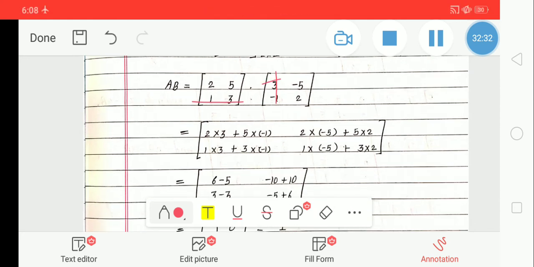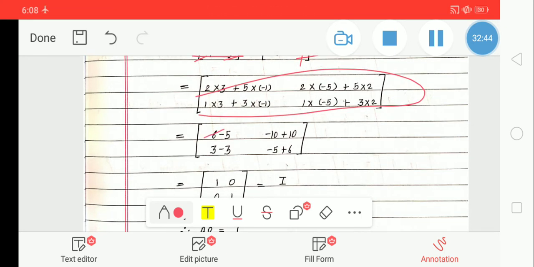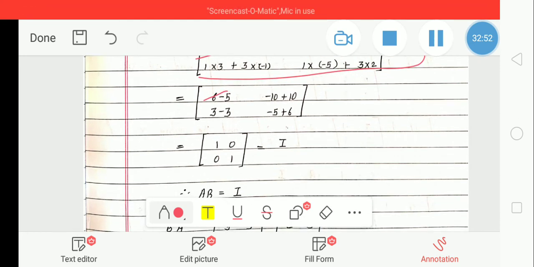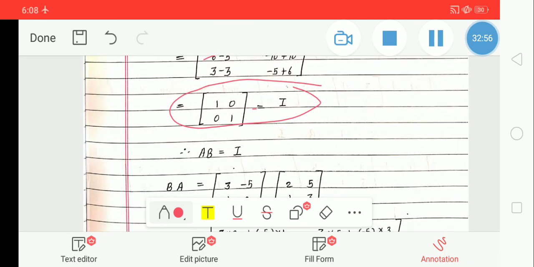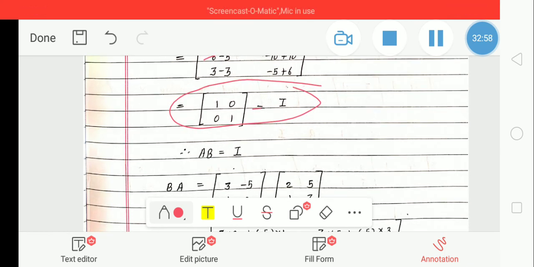So 1 multiplied by 3, 3 multiplied by minus 1. Now we take second row and second column. So 1 multiplied by minus 5, 3 multiplied by 2. We get this equation. Then 6 minus 5, minus 10 plus 10, 3 minus 3, minus 5 plus 6. So 1 0 0 1. So this is the identity matrix. So AB is equal to I.